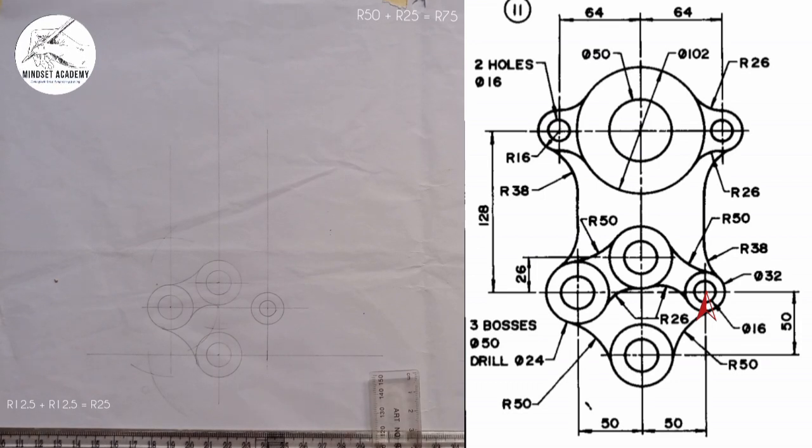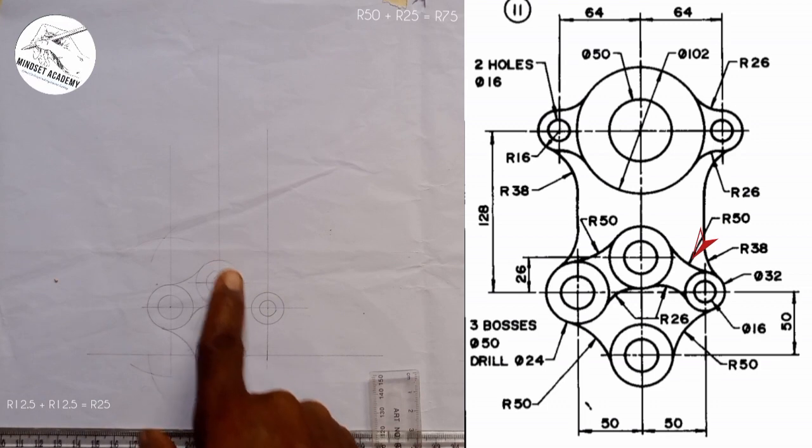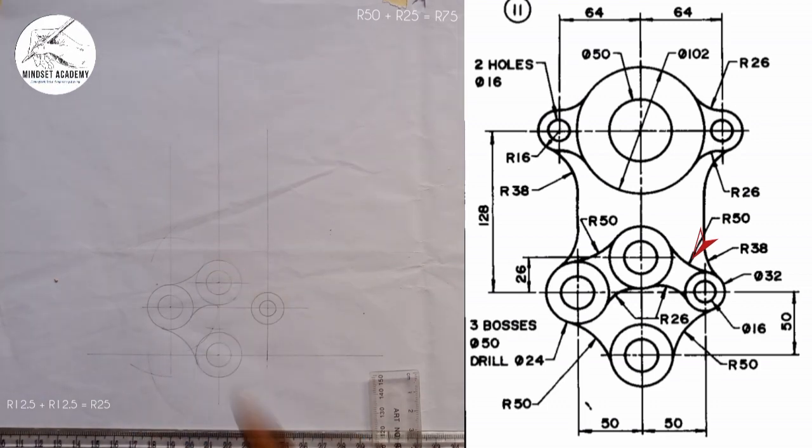Now the next thing that we are going to be doing will be there's an arc that is touching these two circles, connecting them. The arc is tangential to the circumference of these two circles and it is going in, right? And the radius of the arc is given to be what? 50, right? And the radius of the circle it is touching, the first circle, is given to be what? 12.5, right?